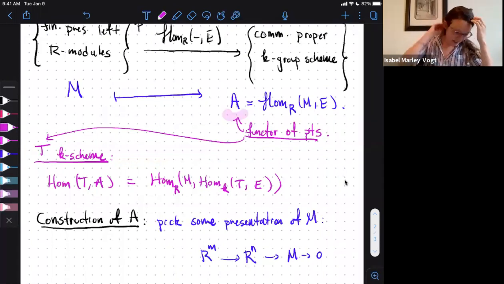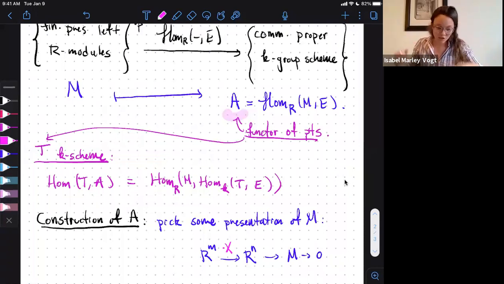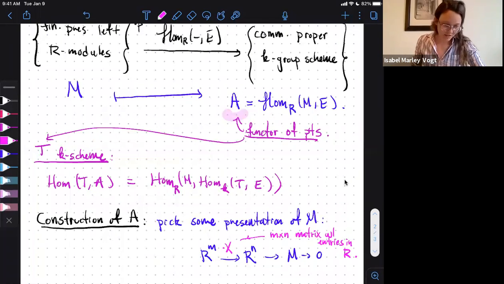And this is just linear algebraic data. So this is given by multiplication by a matrix X on the right. If I think about R to the M and R to the N as row vectors, so this is some M by N matrix with entries in R, giving me this presentation.